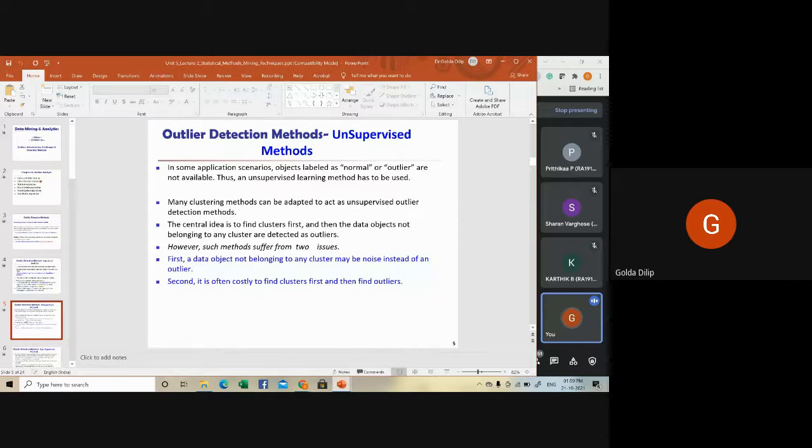One rule of thumb which can be considered for outlier detection is that any data point or sample falling beyond the 99th percentile. I hope you remember we discussed percentiles, quartiles, and quantiles in the second unit, on measures of central tendency and measures of dispersion.